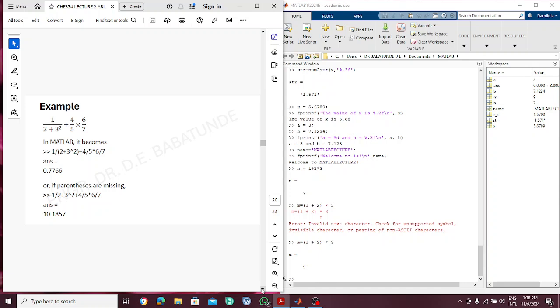Okay, 1 over means 1 divided by. Now the appropriate way to handle this is that the 2 plus 3 form the divisor for 1.